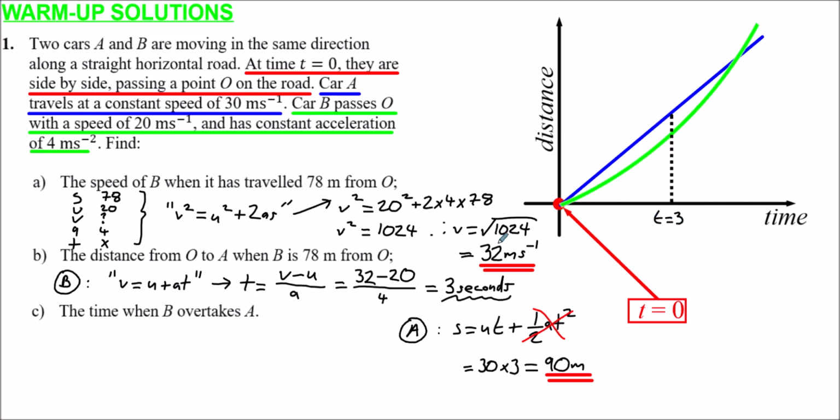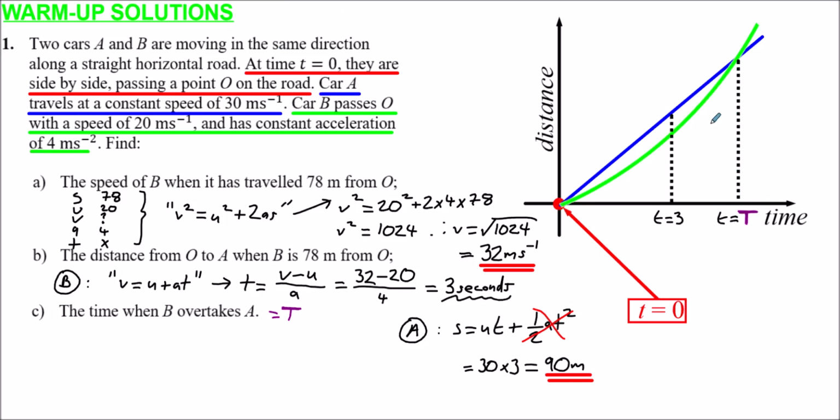For part C, we need to find the time when B overtakes A. So the time when B overtakes A, let's just call this T here. And that's going to happen using this graph at this point here. That's when T will equal capital T. That's what I'm trying to find.